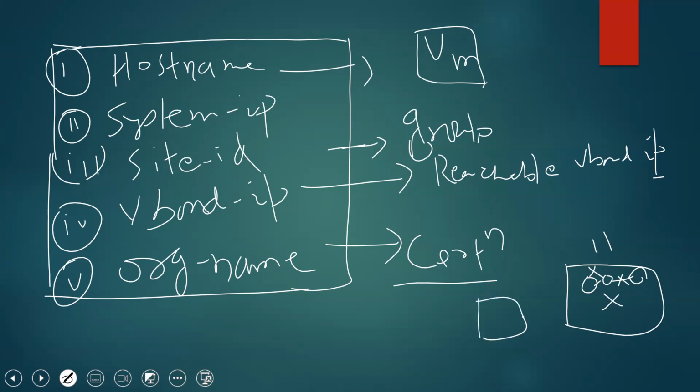Now suppose we have site ID 12 and one device there, then site ID 12 can form the IPsec tunnel with all the site ID 11 devices. So the default nature is that devices belonging to the same site ID do not form the IPsec tunnel between them. That's the significance of site ID.